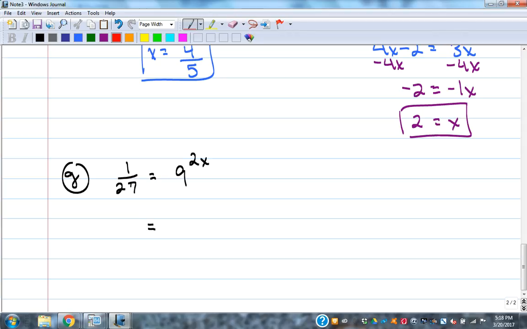Three times 9 is 27. How would you do that? You tell me. Exponentially, 27 is what? Three to the third, right? So this is 1 over 3 to the third. 9 is 3 squared, right?